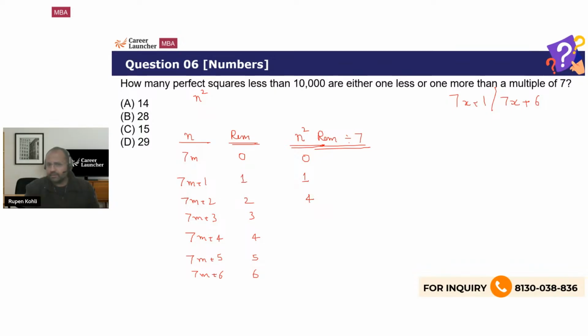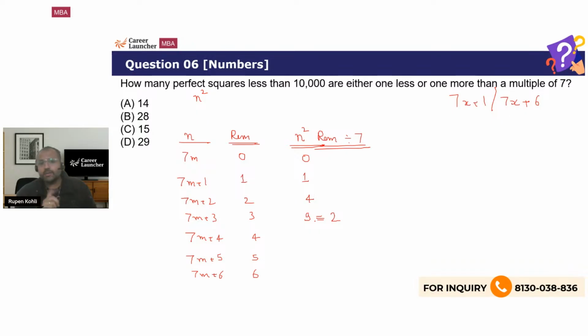These will be the remainders. 3 square is 9, but 9 is more than 7. So 9 is equivalent to a remainder of finally 2, because 9 further divided by 7 gives a remainder of 2. What I'm saying is, if a number is a multiple of 7 plus 3, and you take its square, that number when divided by 7 will give a remainder of 2.